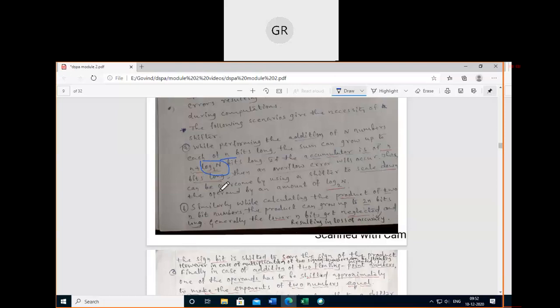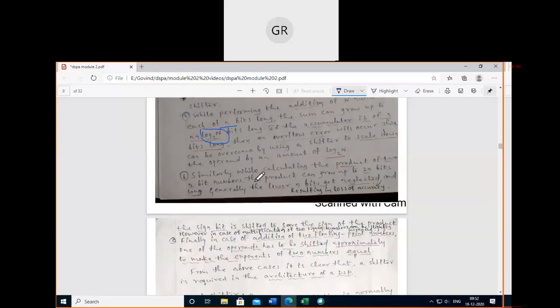This can be overcome by using a shifter to scale down the operands by an amount of log n with base 2. Here, the size of the sum grows by log n with base 2, but the accumulator can hold only n bits. That's why, to avoid the overflow, we can scale down the input operands by log n with base 2.